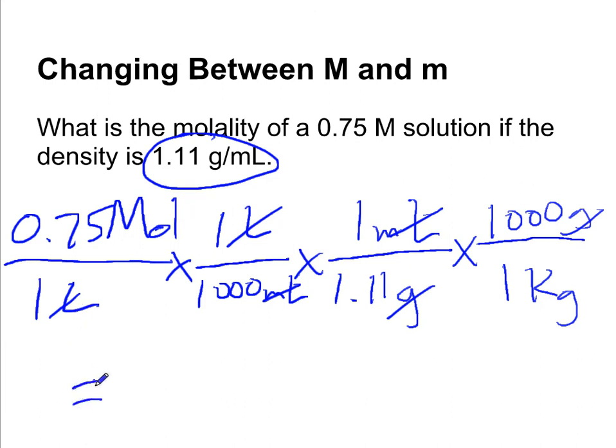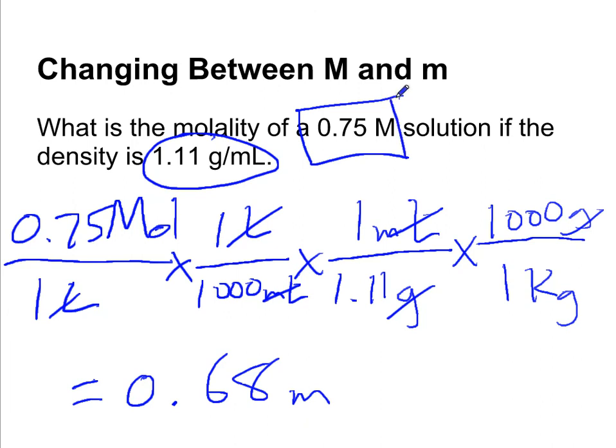So 0.75 times 1,000 divided by 1,000 times 1.11. This turns out to be 0.68 molal solution. So the molarity is 0.75, but the molality is 0.68. That's how you can convert between the two using the density of the solution.